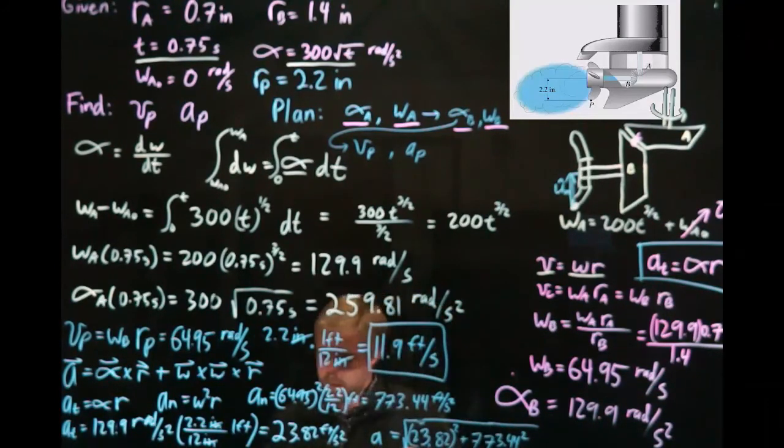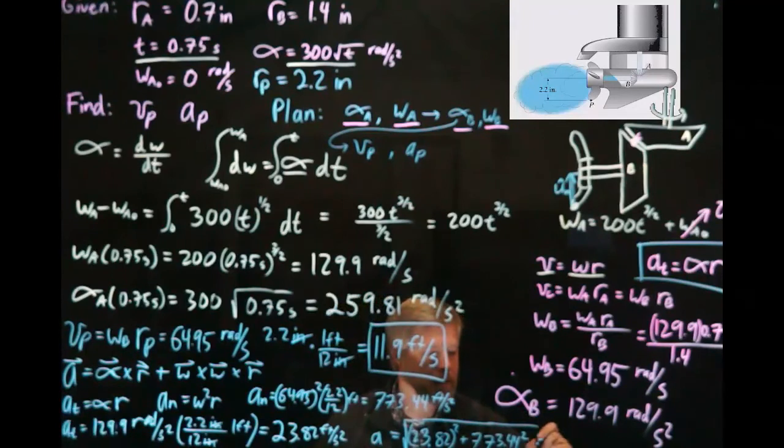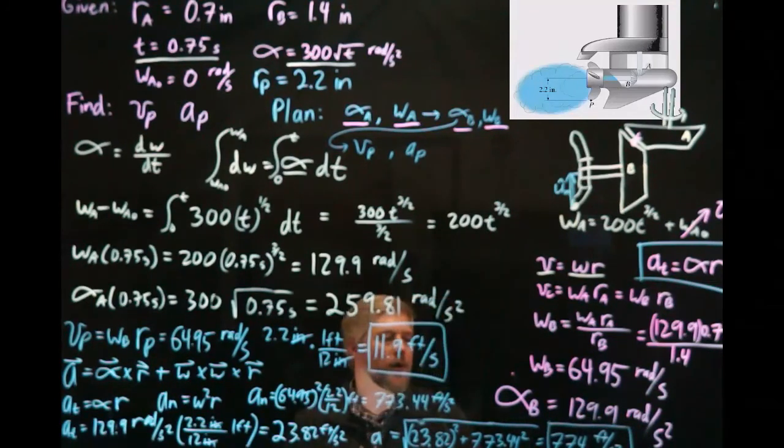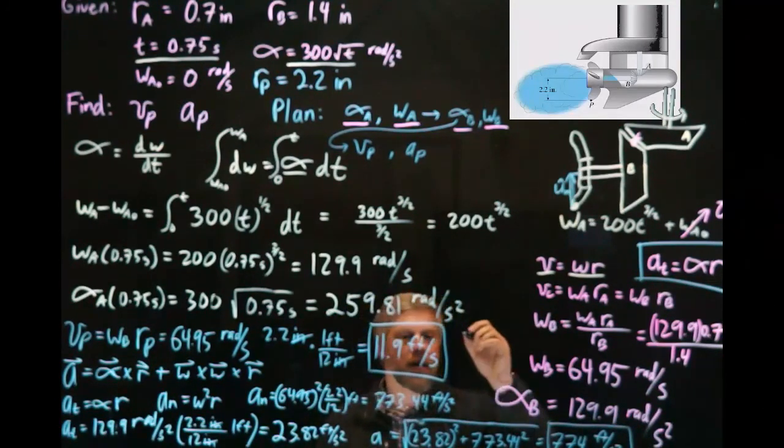Take the square root of the squares. The second one really wins out, and it just ends up being 774 feet per second squared, which would end up being our acceleration.